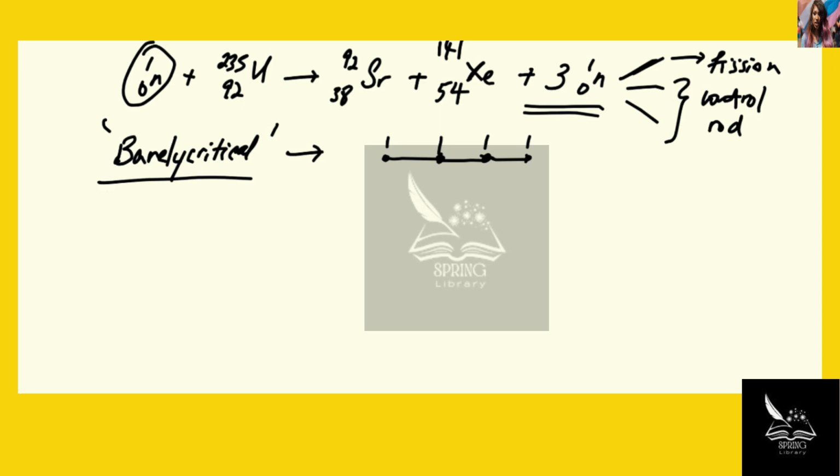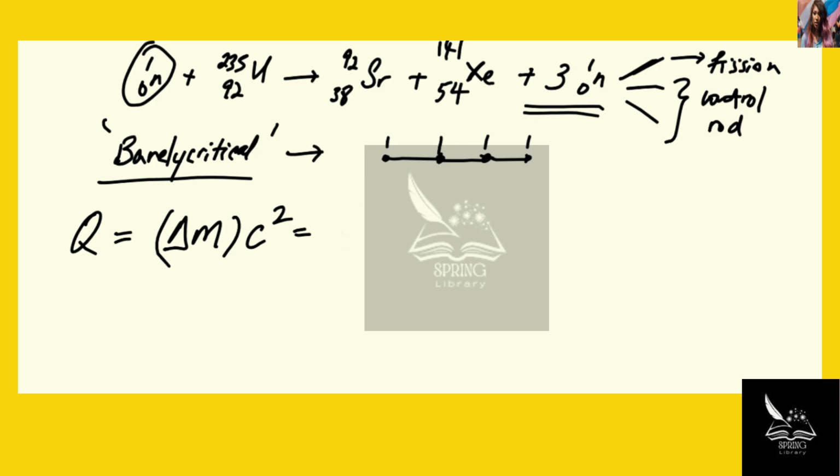Now to find the Q value of this reaction, we need the change in the masses of the nuclides, multiply that by C square. In this case, the change of the mass is referred to the mass of the initial reactants, subtract away the mass of the final products.